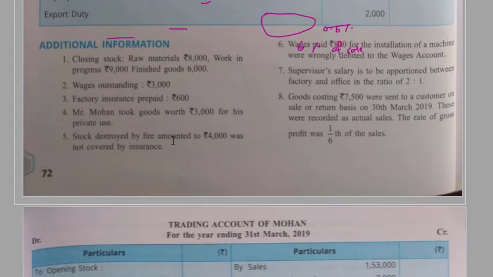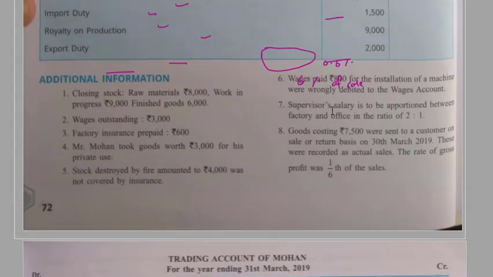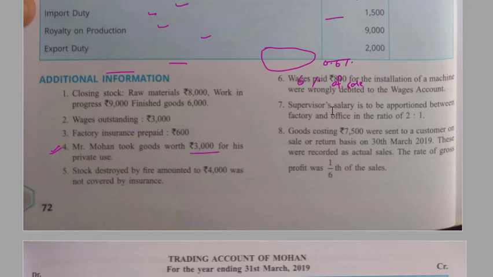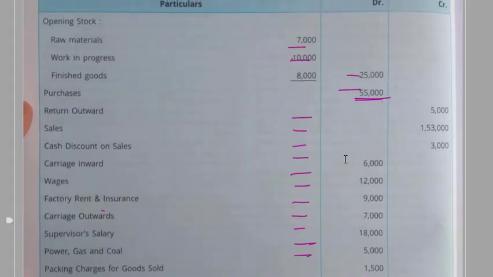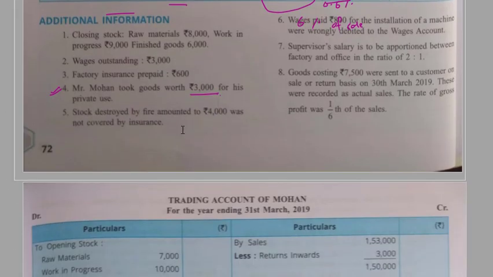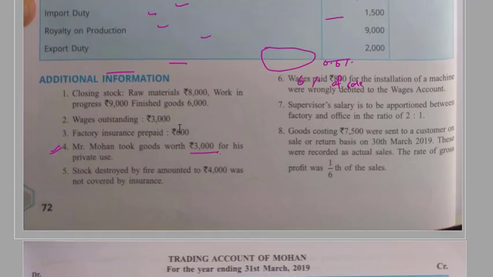Now if you see this additional information, there is an item at number 4 that Mr. Mohan took goods worth rupees 3,000 for his private use. In purchases we have already included this 3,000 amount, because afterwards Mohan has taken goods worth rupees 3,000 for his personal use.